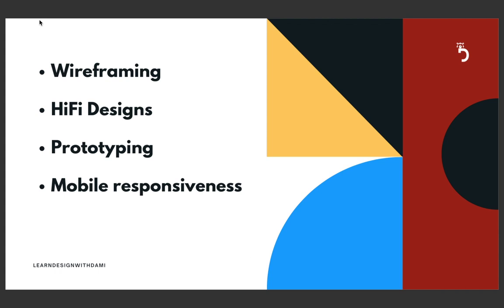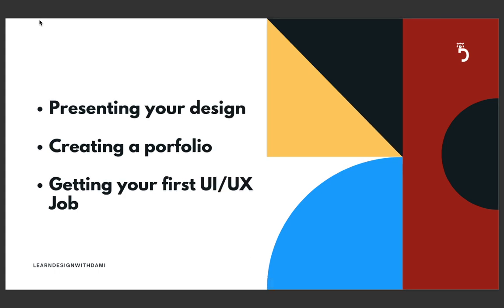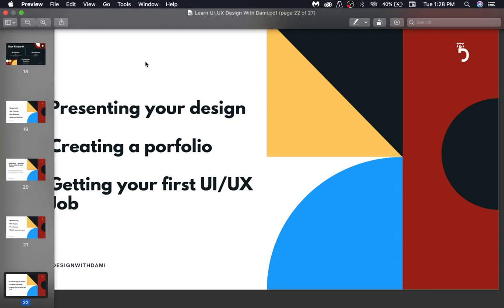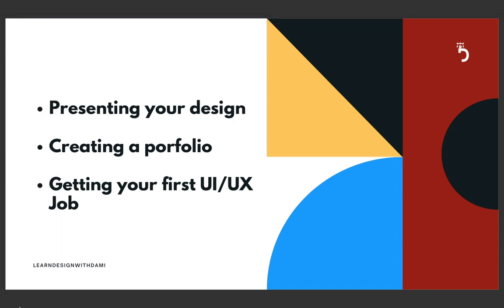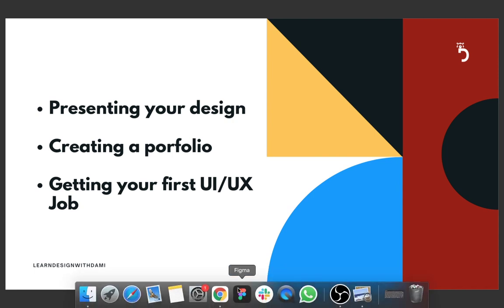All right, so presenting your designs, we've done that. So creating a portfolio. Once you've downloaded your designs, how can you create a portfolio? There are sample sites you can use. As I mentioned before, Dribbble is spelled D-R-I-B-B-B-L-E. You can create a Dribbble account or a Behance.net account, and you can upload your work.